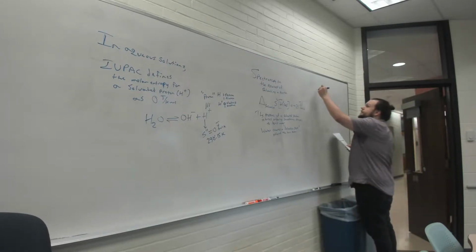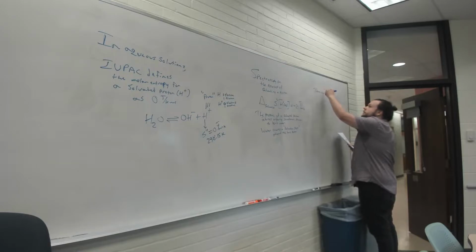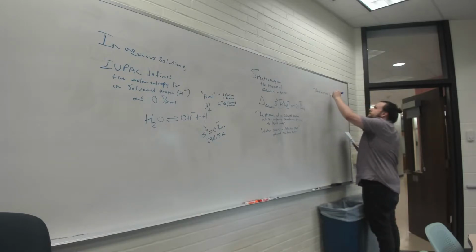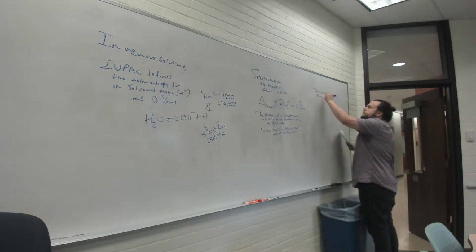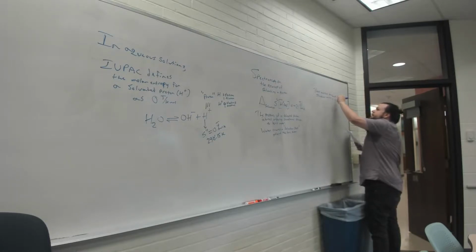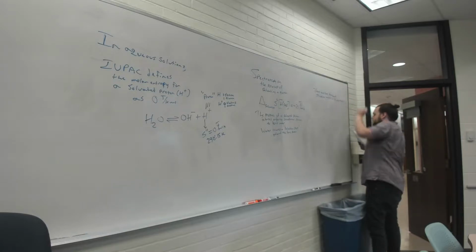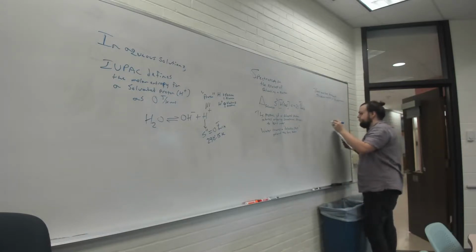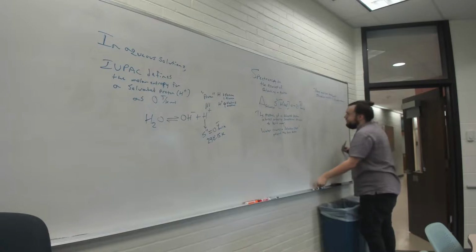But what you find is that there are 2 dominant structural motifs in solvated protons, and they kind of look like this. Let me draw a different color.